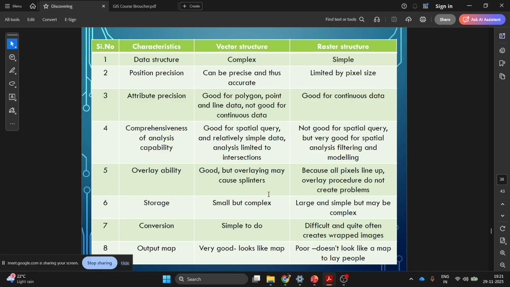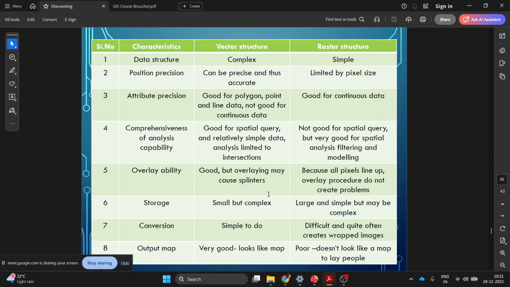In case of vector data, it is good for polygon, point, and line data, but for continuous data, this vector representation is not good. Whereas a raster file is good for continuous data. And also comprehensiveness of analysis and capability: vector is good for spatial query and relatively simple data analysis, limited to intersection.